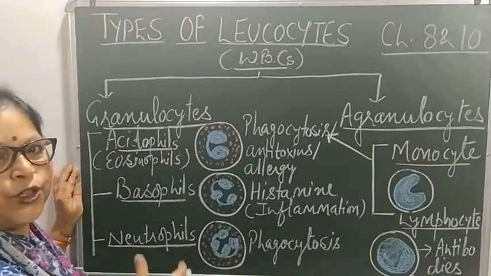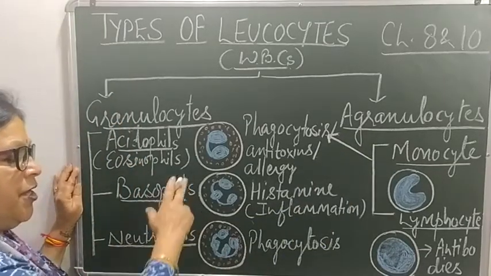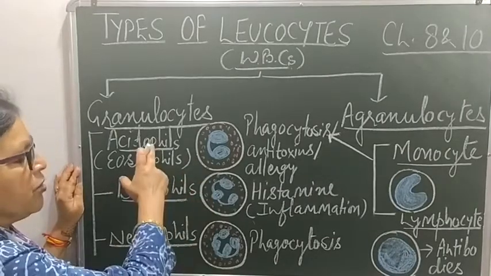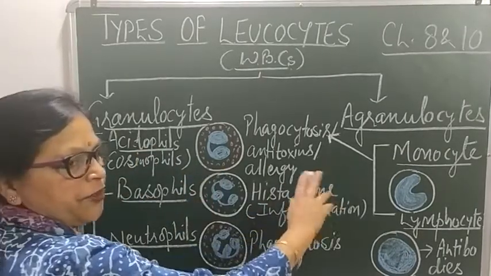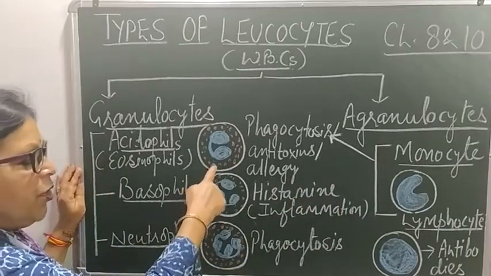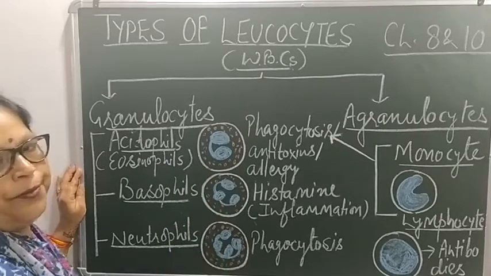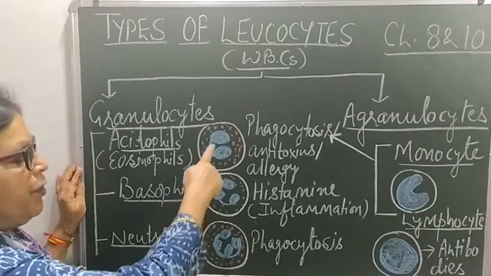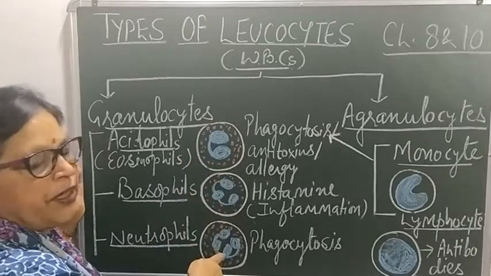So there are two main differences between granulocytes and agranulocytes. First difference is on the basis of their cytoplasm: in granulocytes the cytoplasm has granules, and in agranulocytes the cytoplasm is without any granules. Second difference is that the nucleus is lobed. Lobed means there is not a single nucleus, but the nucleus is divided into many parts.